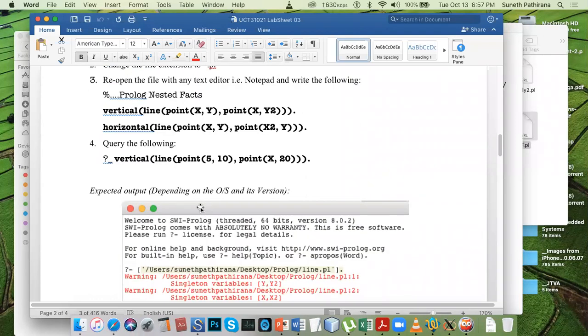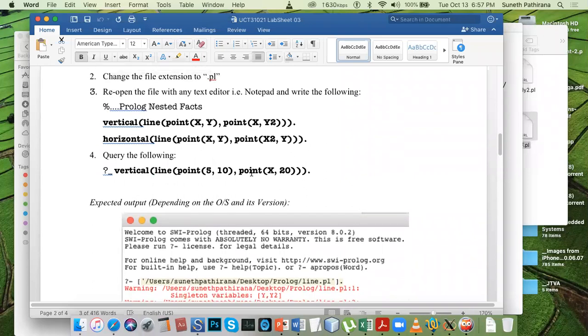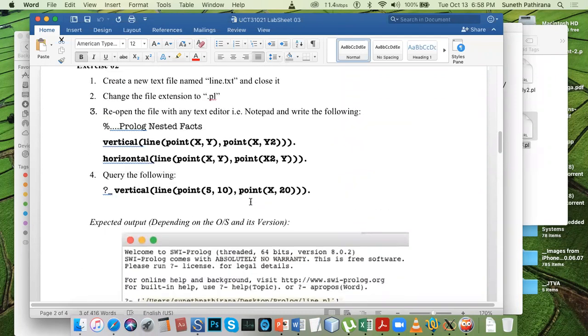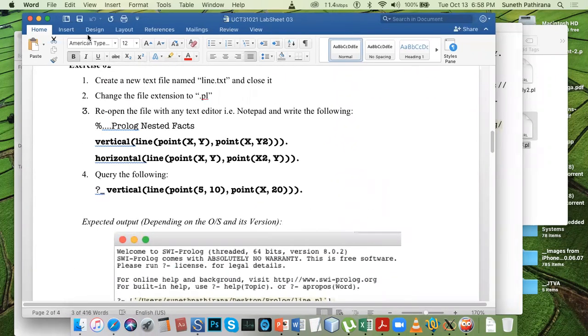Then the program will figure out the missing or the unknown points once we specify the known points. So that is very straightforward. So we'll do that next day. I'm a bit tired now. I have been working more than 10 hours per day.